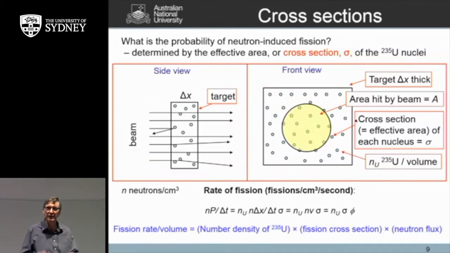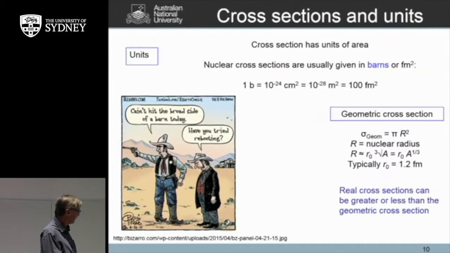It's going to go up as the uranium-235 density goes up. It's going to go up with the cross-section, and it's going to go up with another quantity that we call the neutron flux, which is essentially the number of neutrons times their velocity. So we need this idea and this concept.